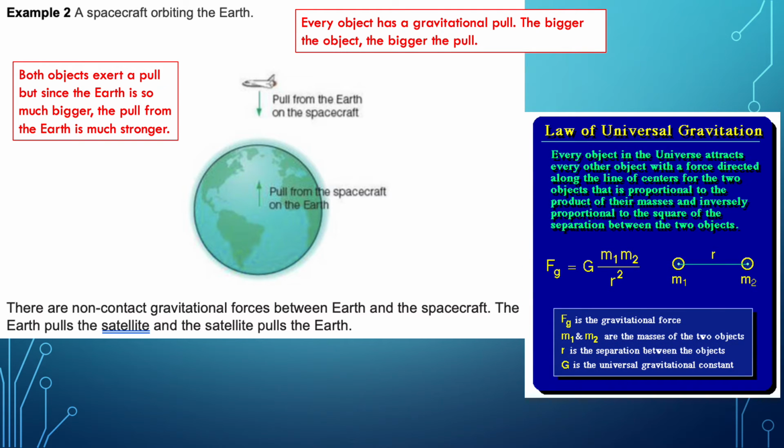You don't need to copy this part down, but basically, if you have two objects, they will both exert a force on each other, depending on how big both of those objects are and how far away they are. All right. So you'll learn about that formula once you get into either A level or university physics, but it's quite interesting, and it lays out quite simply that the things that determine how strong a force is are how much mass there is, and how close you are to it. Okay?